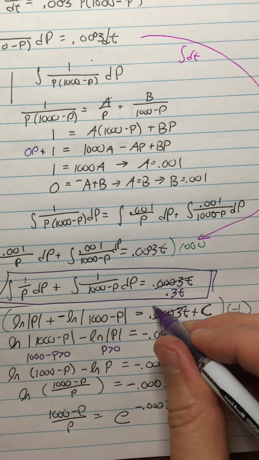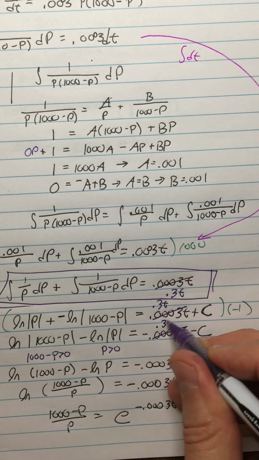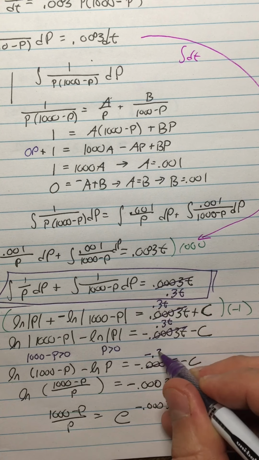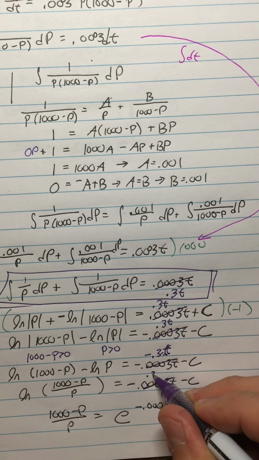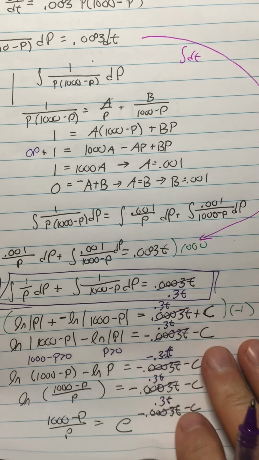Maybe some of you guys caught that. This is 0.3t all the way through. Instead of redoing the entire video, I'll just say we don't really have 0.0003. We have negative 0.3t. This is 0.3t. This is 0.3t.